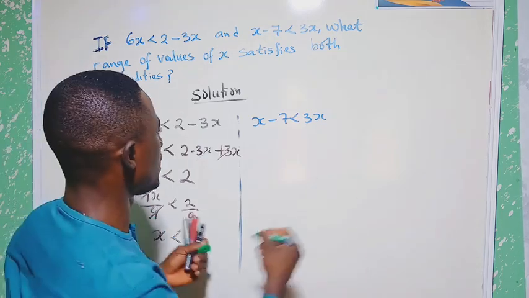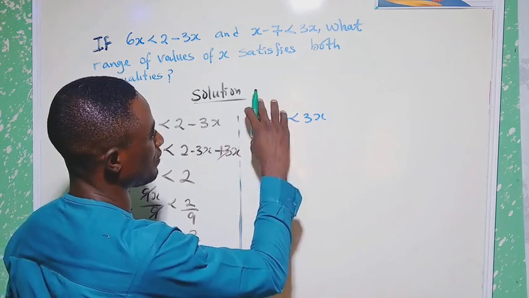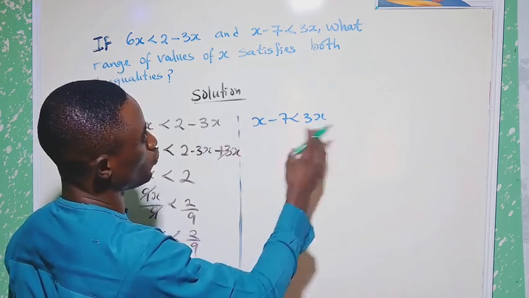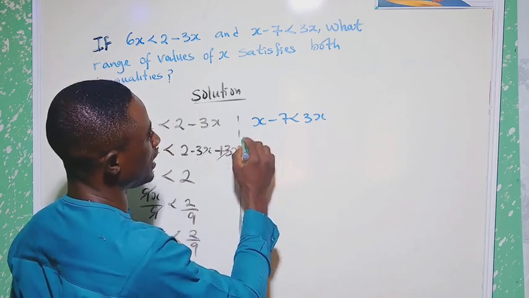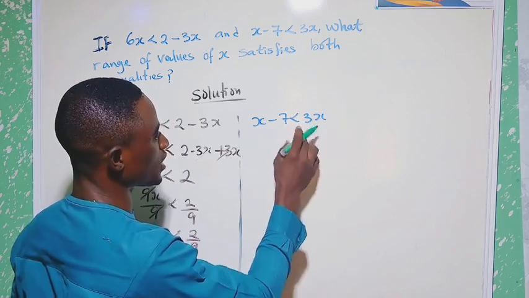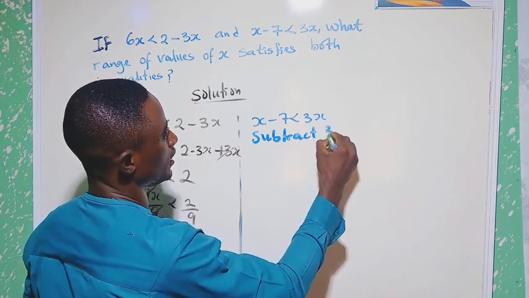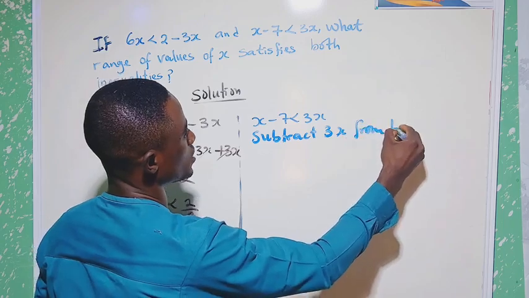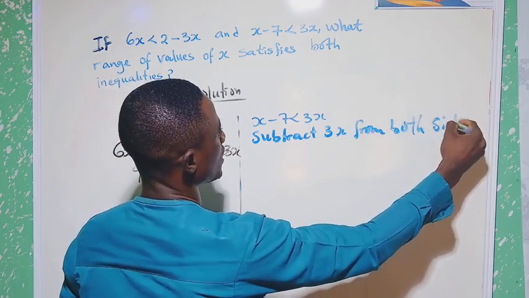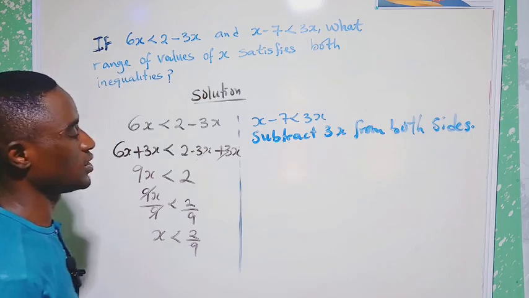So from here, this is my left hand side, this is my right hand side. Let us move from our right hand side to our left side. Let's subtract 3x from both sides.